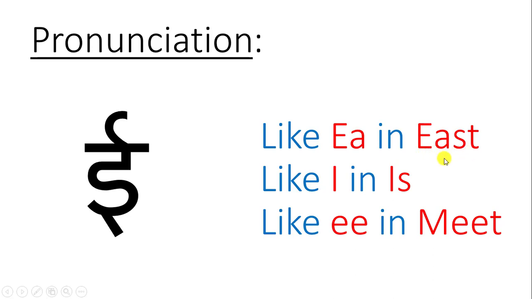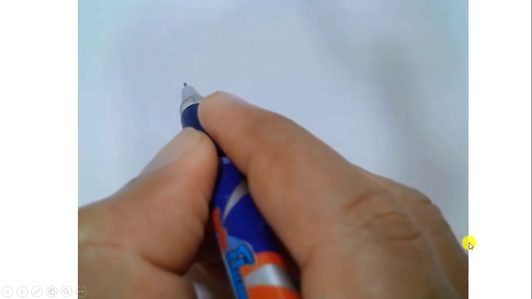East, or like the i in ease, or like the double e in meat. All right. Now let us see how to write it.